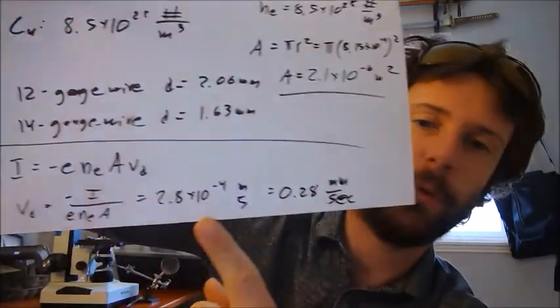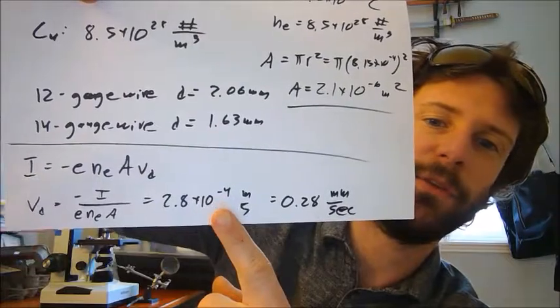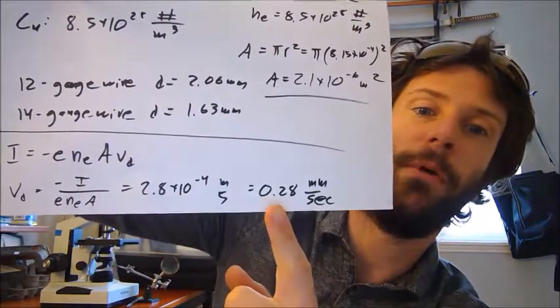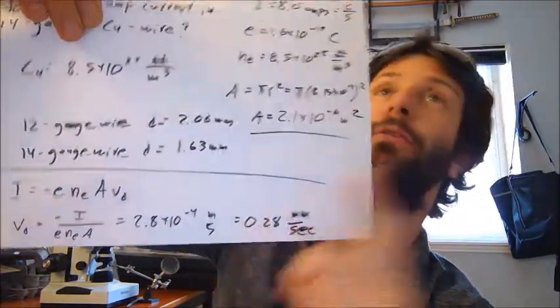I got 2.8 times 10 to the minus 4, and that's going to be meters per second, which is equal to, I'll let you do the unit conversion, 0.28 millimeters per second. Seems reasonable, at least the unit conversion. So I got 2.8 times 10 to the minus 4 meters per second, 0.28 millimeters per second.